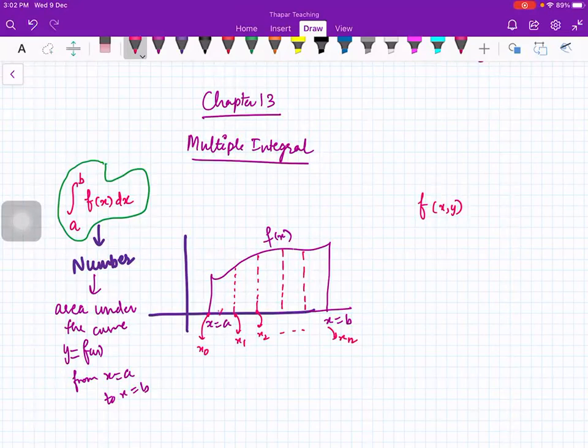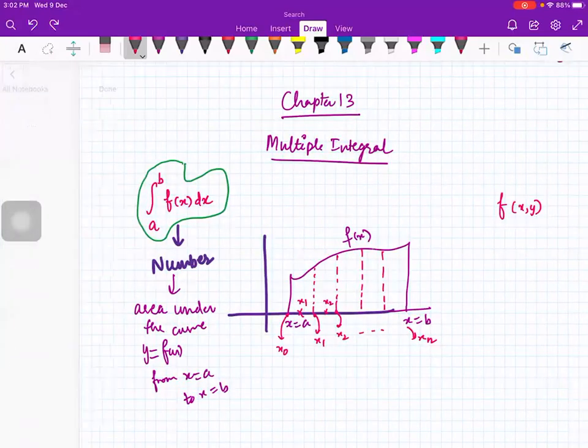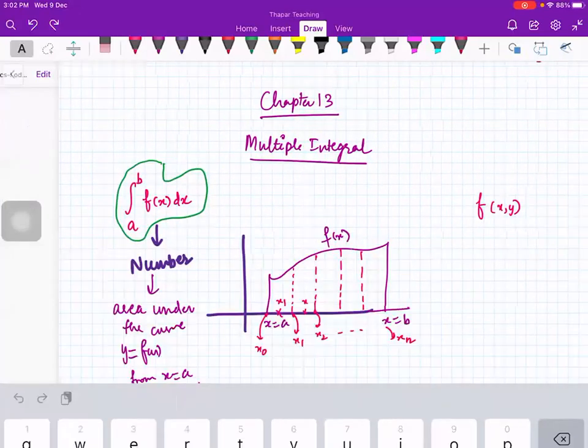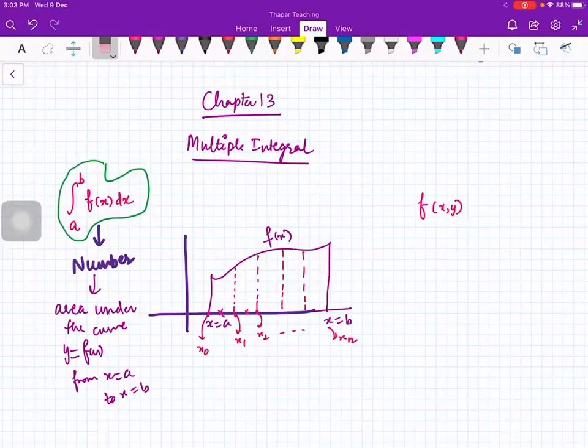Then inside each part you take some point. Let me use C1 here, C2 here, C3 here, C4 here, Cn here.